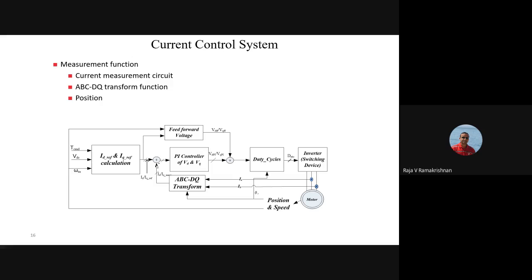Now, from a control system point of view, what we usually do to drive the motor is this picture you would have seen in any major control system books while you guys are learning: a basic, simple current control system. You will have current measurement circuitry, so we need a current sensor and a position sensor.